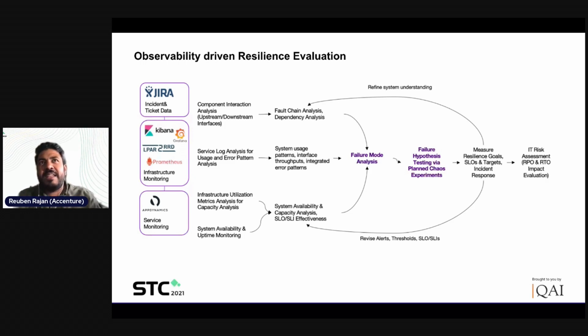What you get is a list of failure modes which could happen, places where your system could fail, and you then rank them based on risk priorities. These risk priorities could be based on how probable the failures are, how severe those failures are to neighboring dependencies, and also how easily they can be detected, either through manual testing or through an automated alerting mechanism that you've put in place.